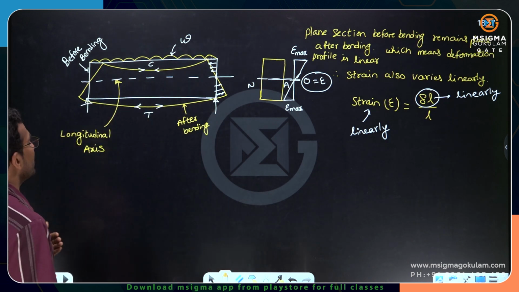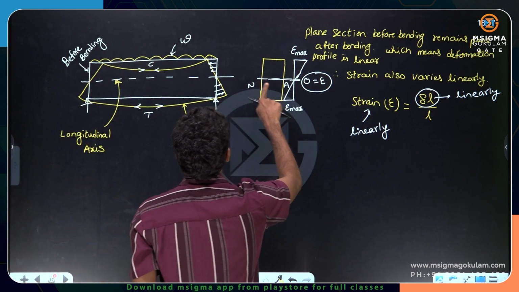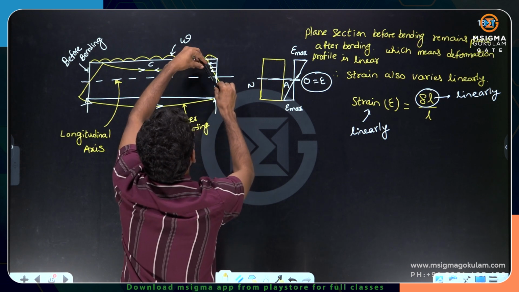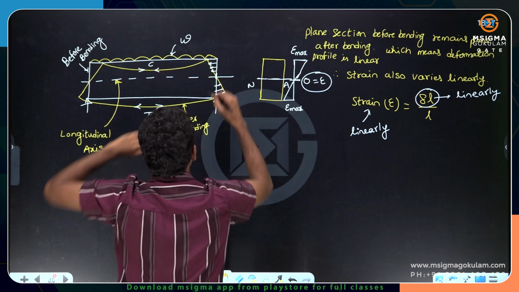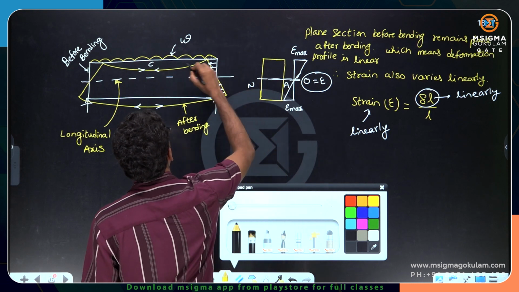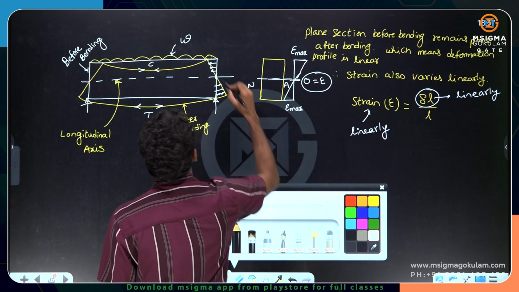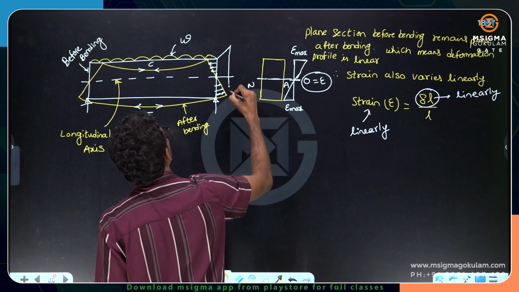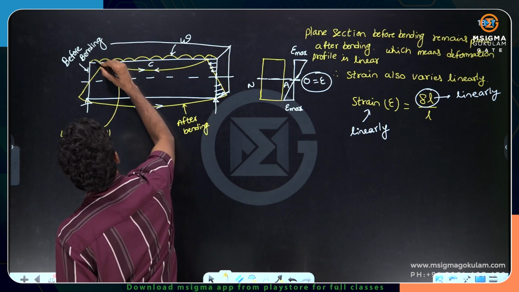Now understand, dear friends, when there is a transverse load, bending occurs about which axis? See here, this plane section remains plane after bending. About which axis are compression and tension turned? That is what you have to understand. This visualization is very, very important. Actually the beam is not just this strip. The beam has a certain width and depth, so I am drawing a 3-dimensional figure. Do you agree with me?